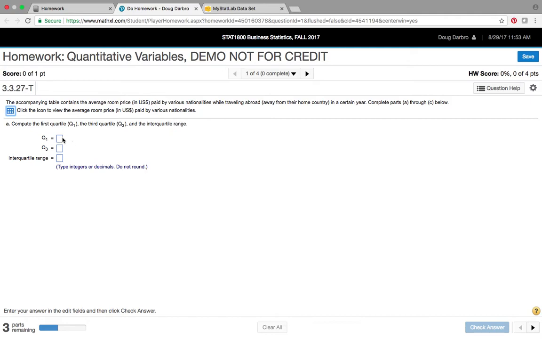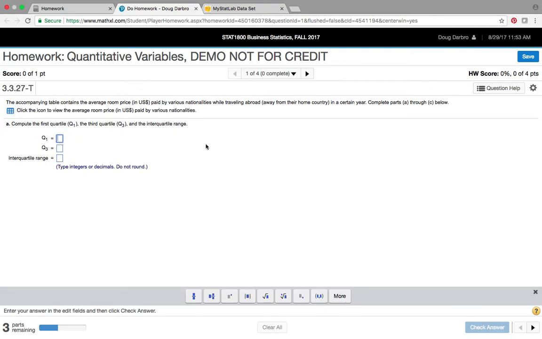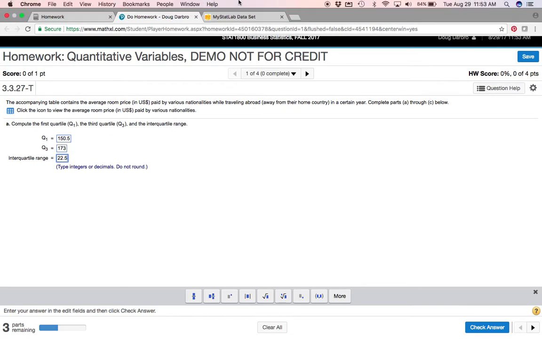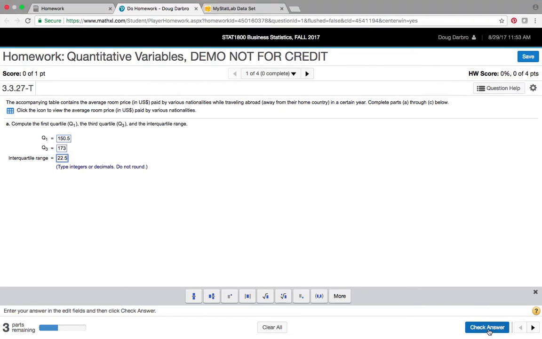So close this down. It says do not round, type integers or decimals. All right, that's cool. So 150.5, Q3 was 173, and the IQR was 22.5. All right, so check answer.